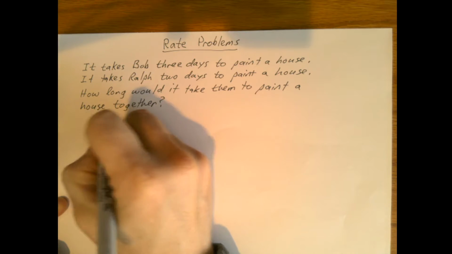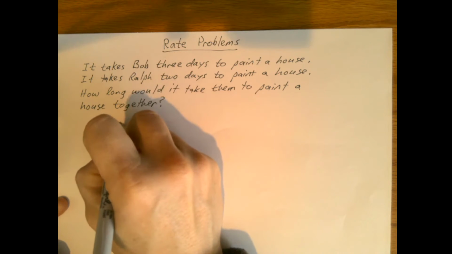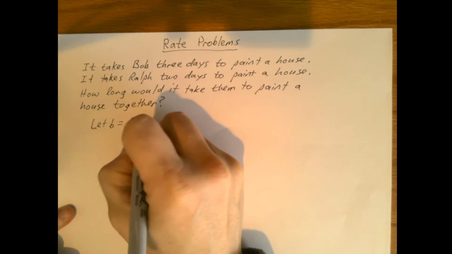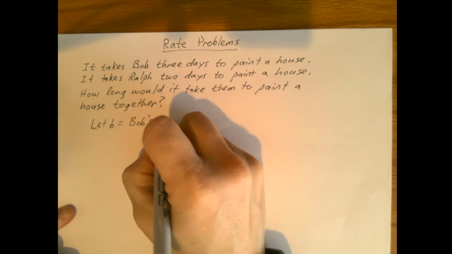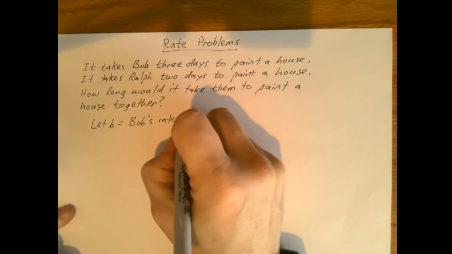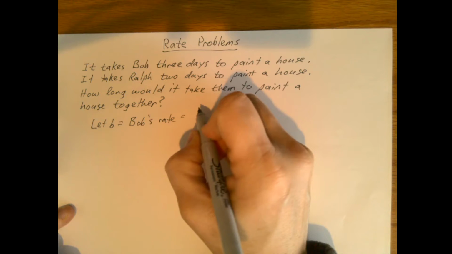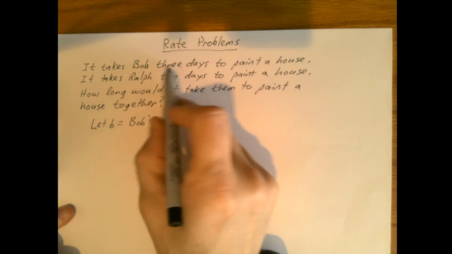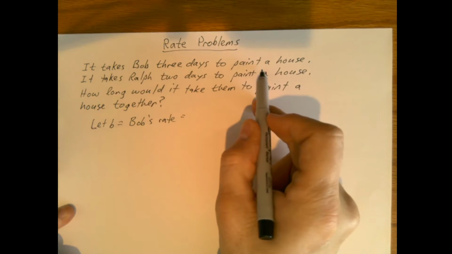So let B equal Bob's rate. And in this case, we happen to have what it is. We're not going to solve for it. It's equal to, we can write it two different ways. It says it takes 3 days to paint a house.